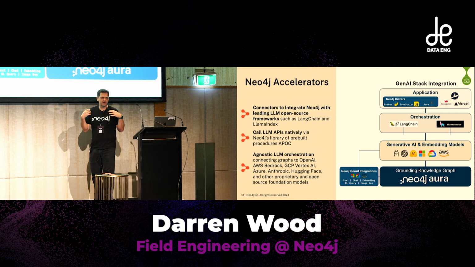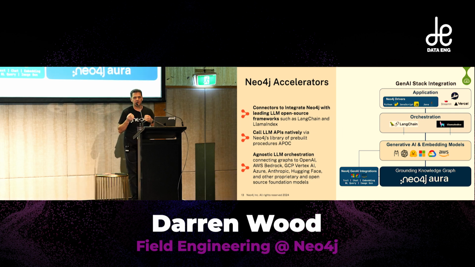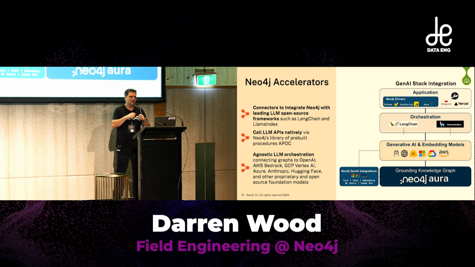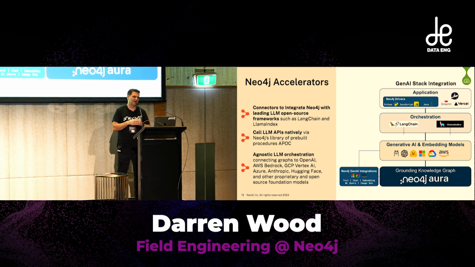And so Neo4j has been contributing to a bunch of things to help us accelerate this, right? So as I showed in my original diagram at the start, not only do we want to improve effectiveness of the application, but we also want to get back on that really sort of fast ramp, right? Get that productivity curve to spike back up. And so we have a bunch of integrations that help us with that. So we've been building LangChain integrations.